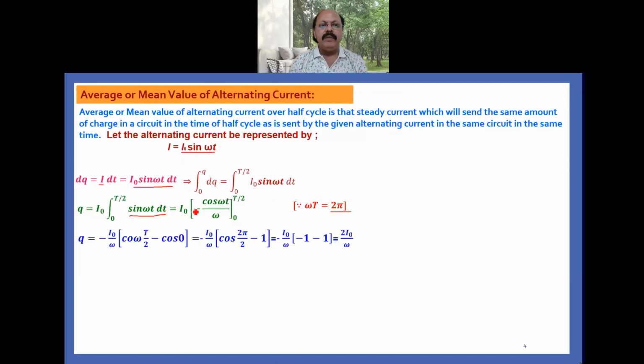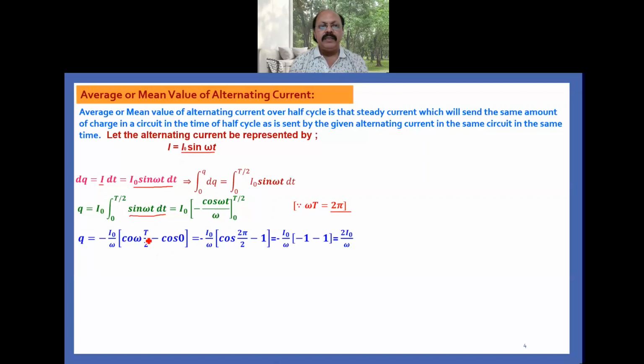So we take common minus I naught upon omega outside, and now put limits in place of the variable t. So in place of this t we have to write T by 2. So cos omega T by 2 minus cos 0.